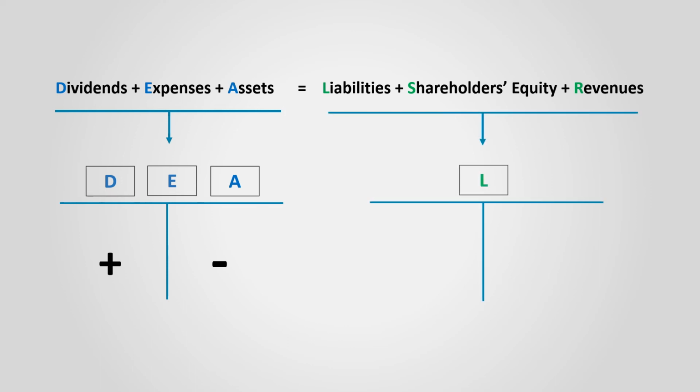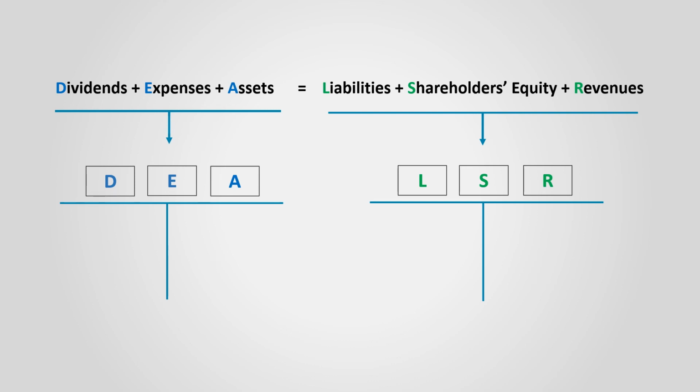On the right-hand side of the equation, you will notice the liabilities, shareholders' equity, and revenues. They increase on the side in which they are positive, which is the right-hand side, or credit side. To decrease any of them, you would move it to the other side of the equation, which is the debit side. That is why liabilities, shareholders' equity, and revenues increase on the credit side of the account and decrease on the debit side of the account.